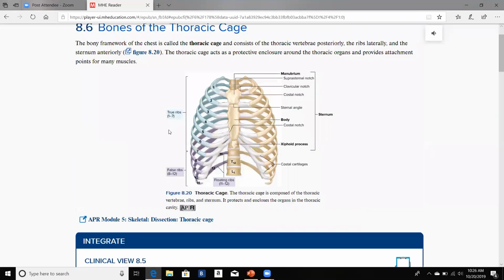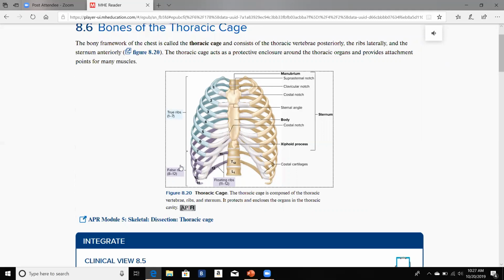Okay, when we move to the thoracic cage itself, what you need to be able to differentiate are your true ribs. These are called true ribs because they attach directly to the cartilage that goes straight to your sternum, which is your breastbone. Your false ribs, which are 8 through 12, attach via cartilage that attaches to the cartilage of the true ribs, and then it goes to the sternum.